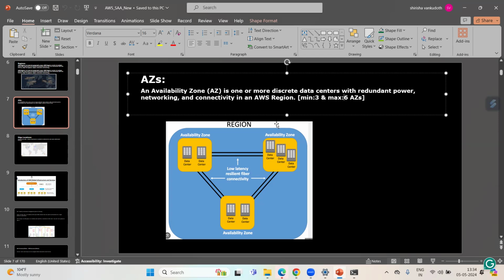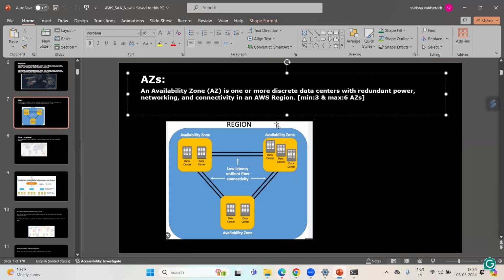If it affects one place, say the Hyderabad region, it cannot affect the Chennai region because it is more than 500 kilometers away. The disaster cannot happen at both places at a time. So that's why they keep their availability zones 500 kilometers away.